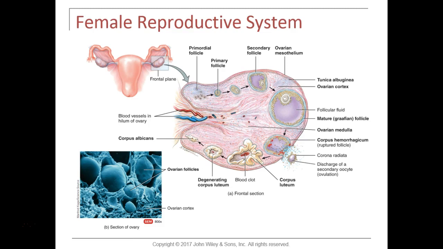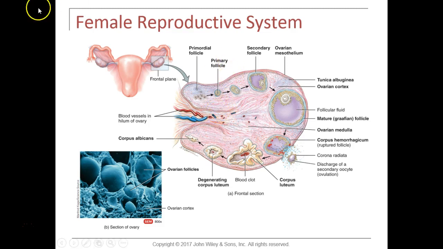Unlike males, who can produce gametes or sperm throughout his life, females only have a predisposed number of egg cells that can develop over a number of reproductive years. And then after the reproductive years are over, which happens at what we call menopause, then the ovary stops making the hormones and stops making egg cells.